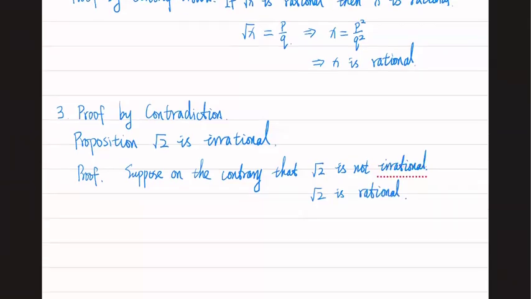So we have the hypothesis as a definition of a rational number. This time we made the extra assumption that it's simplified.